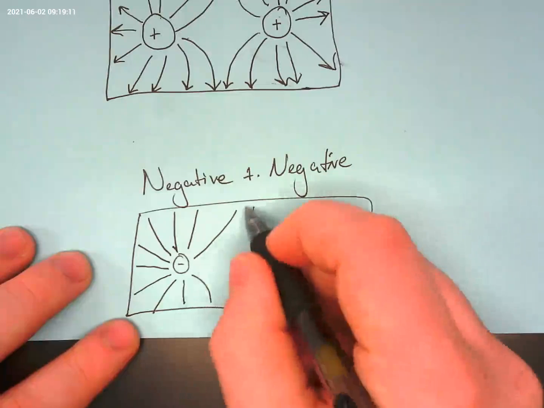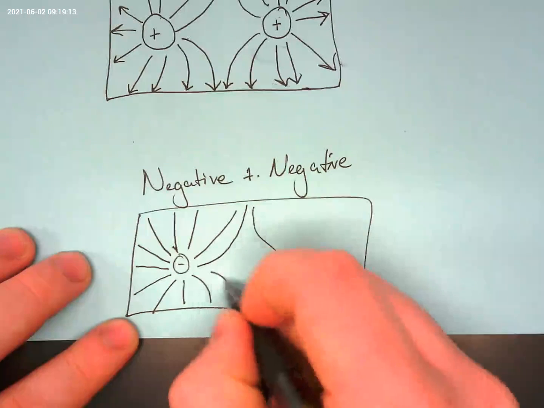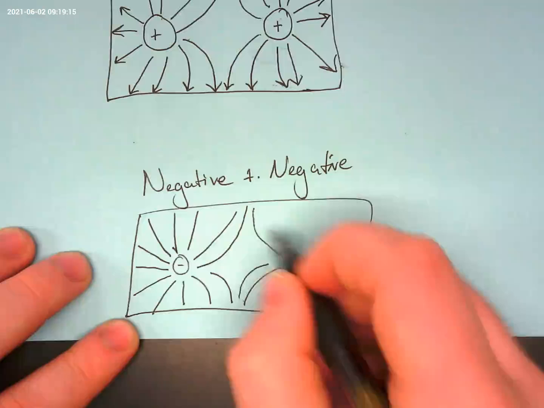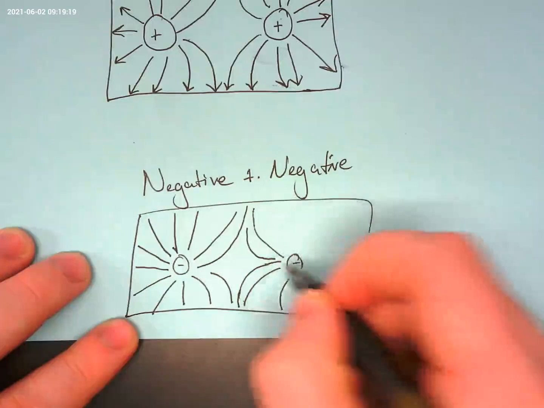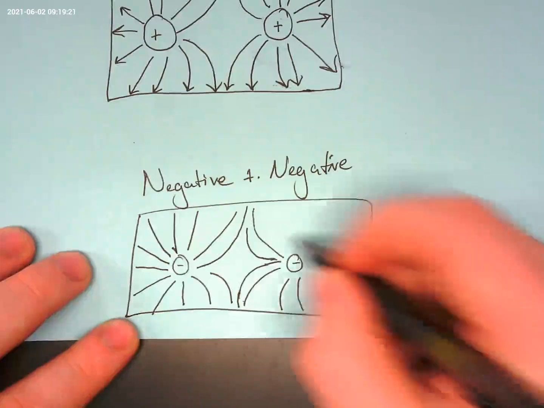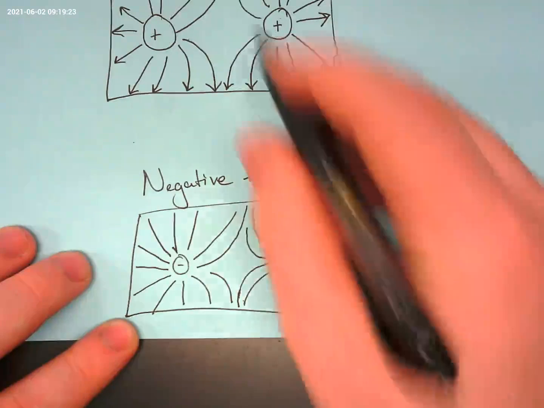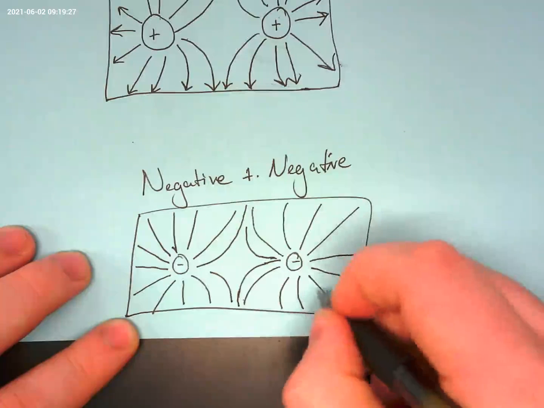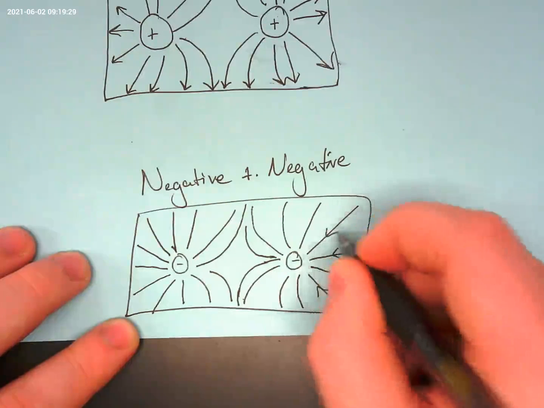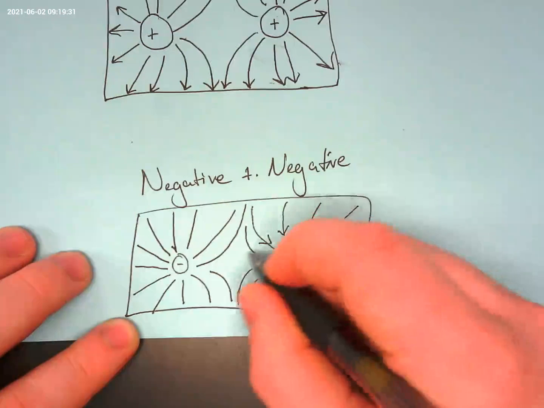And the space wants to come in towards both of them, but it kind of has to choose which one it wants to go to. So it leaves this gap, almost like a repulsive gap that we see just like up here. Okay, when we see the arrows moving this way, the field wants to move towards the negative.